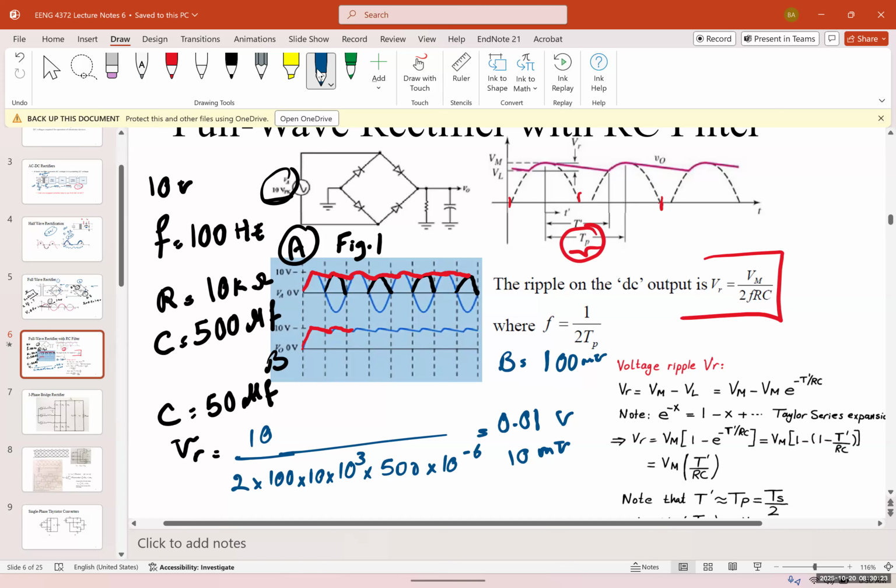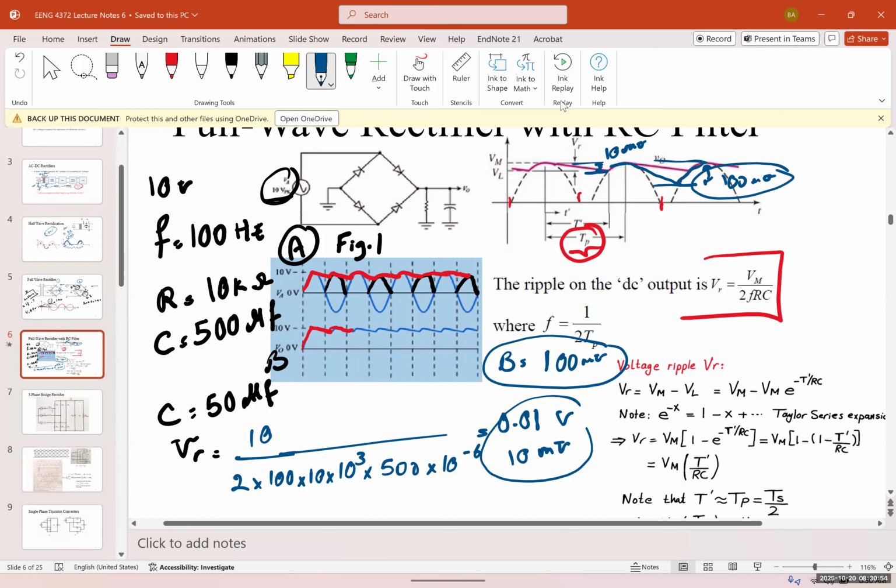So what does this show us? VR is the difference between VM and VL, which is our ripple. The larger the capacitor is, the smaller this would be. So in the first scenario, this is 10 millivolts. But when the capacitor is smaller, it means it's discharging very fast, and in the second scenario, this difference is 100 millivolts.